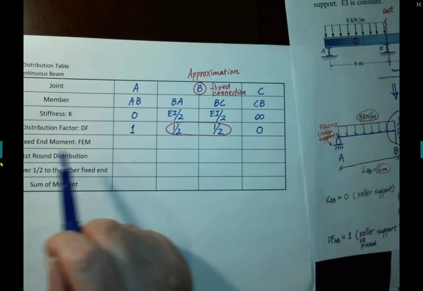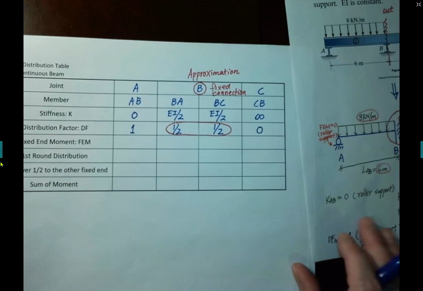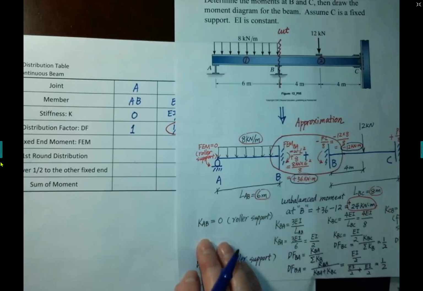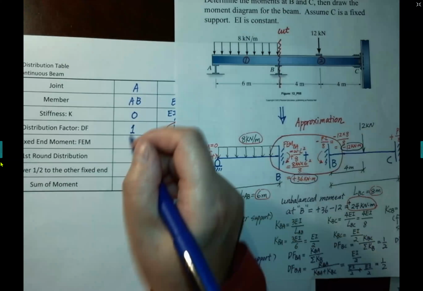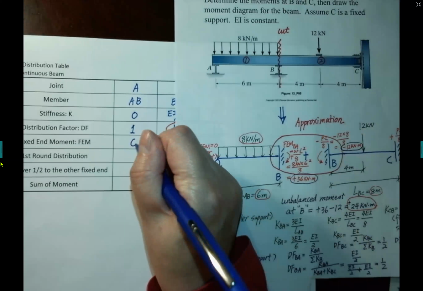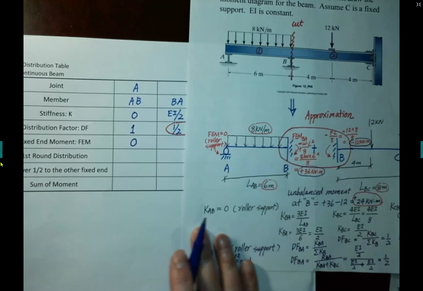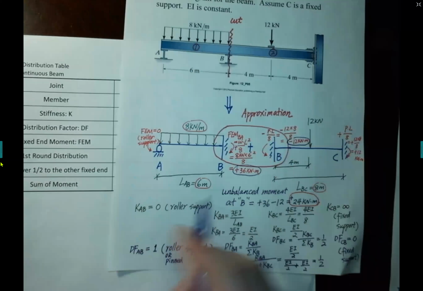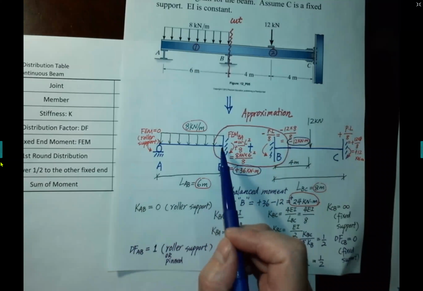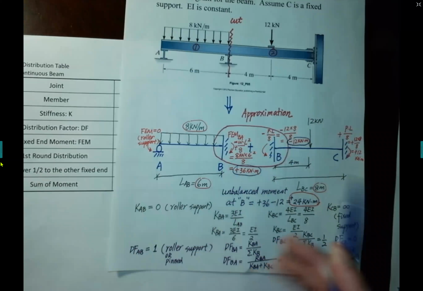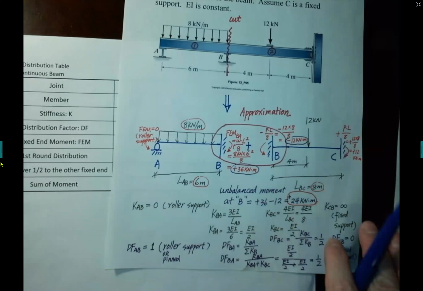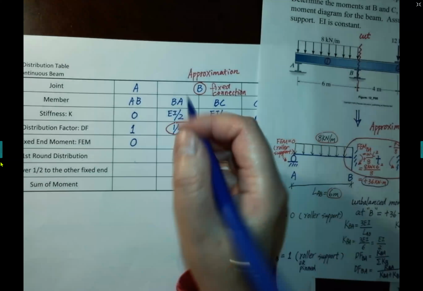Then we put the fixed end moments according to our calculation. On the A side, the roller support, there's no moment, 0. For member AB at the B side, it's positive 36. Positive means clockwise.